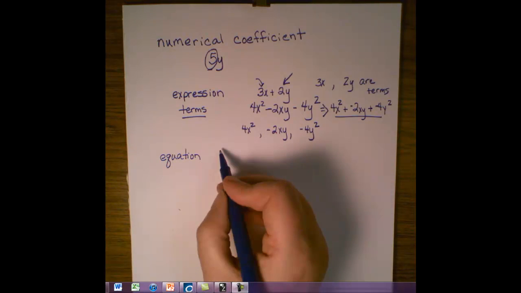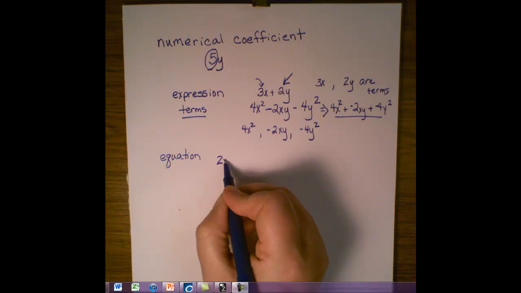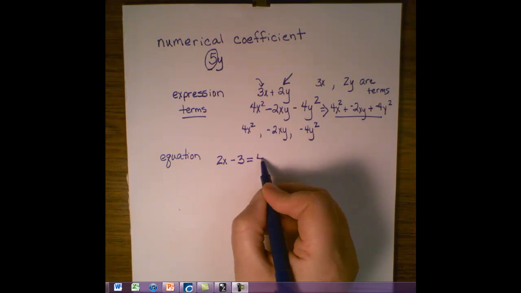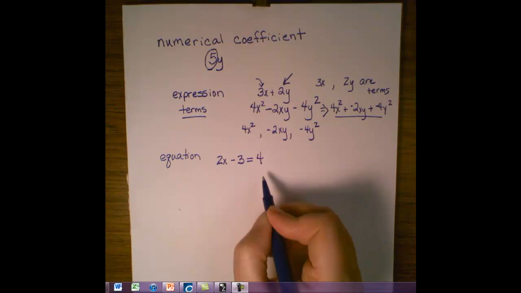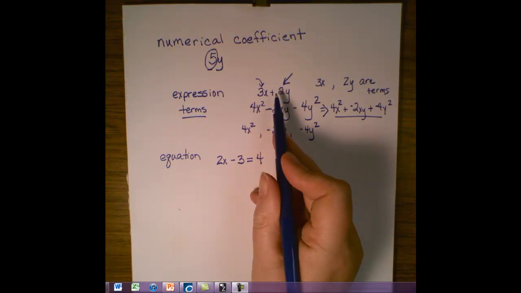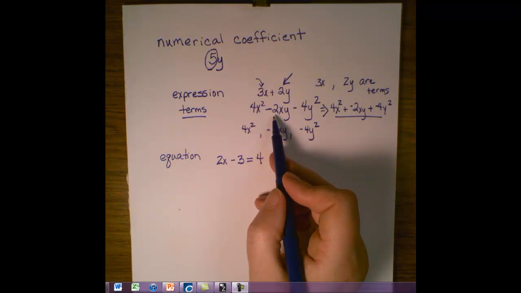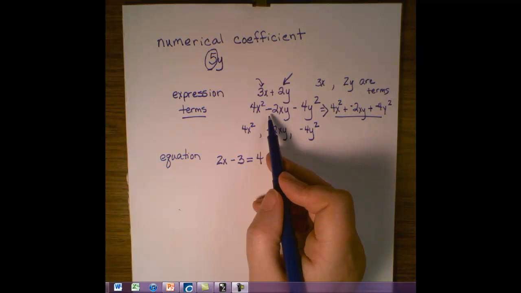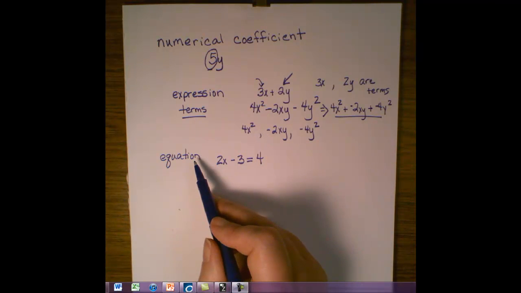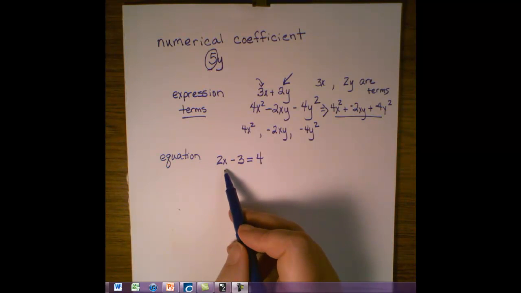But when I make it an equation, if I go like 2x minus 3 and then I put equals 4, that's an equation because it has an equal sign. Notice when I first wrote these, they did not have equals. Therefore, they're expressions. If it has an equal sign, it's an equation. So that's the difference between an expression and an equation.